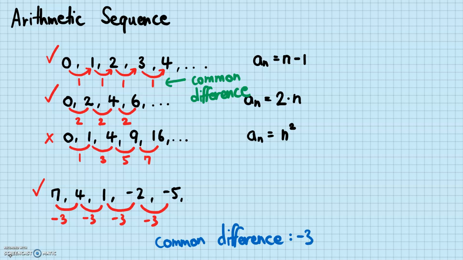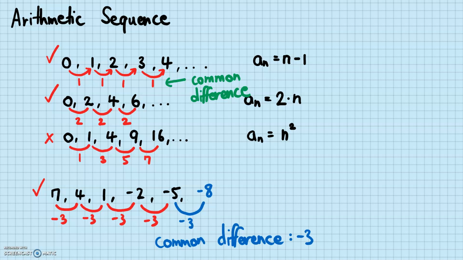So saying the common difference is 3 is different from saying that the common difference is -3. So the common difference here is -3, which means our next term is going to be -8. So if we know the common difference of an arithmetic sequence, we can deduce our next term of the sequence.